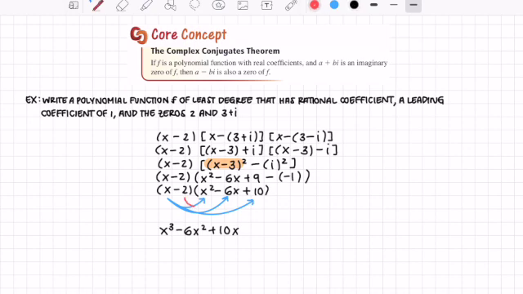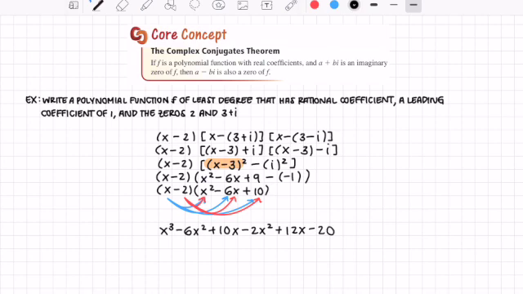On the other side, negative 2 times x squared equals negative 2x squared. We also have here negative 2 times negative 6x, which equals positive 12x. And the last one is negative 2 times 10, and that equals negative 20.